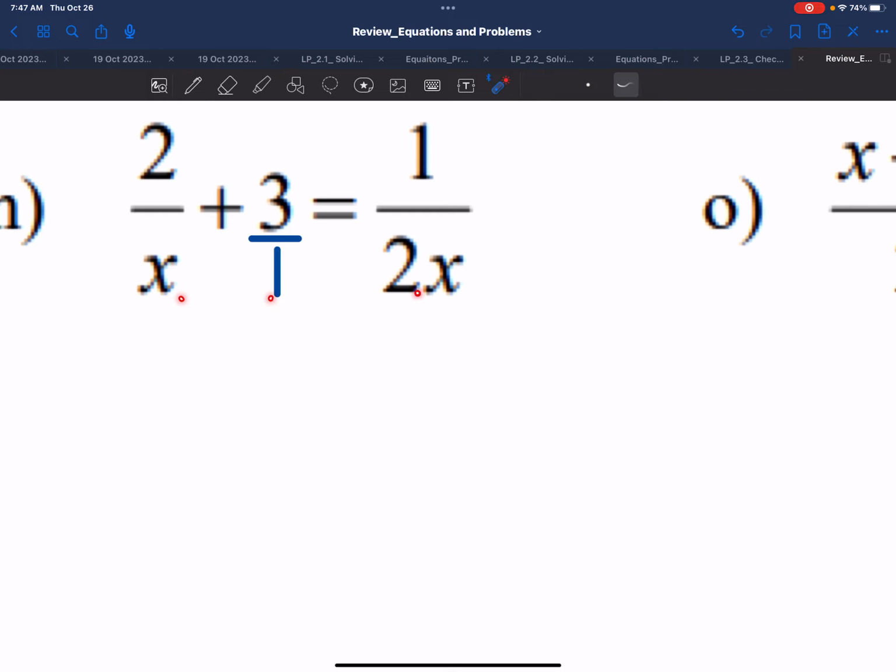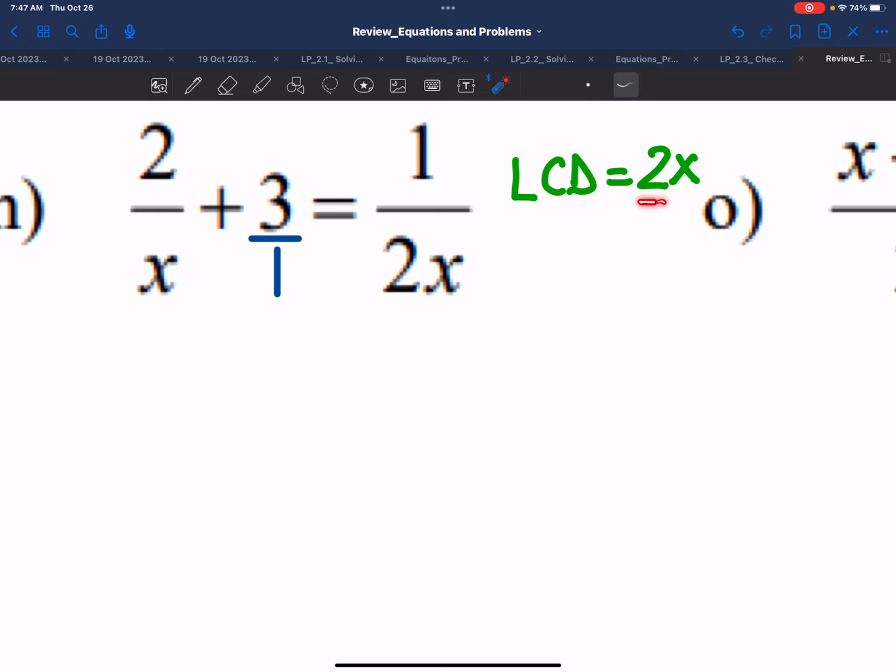We don't want to have denominators because that makes it very hard to solve the equation. So we need to eliminate them. And the quickest and the right way to eliminate denominators in an equation is by multiplying every term in the equation by the lowest common denominator. In this case, the lowest common denominator is 2x.